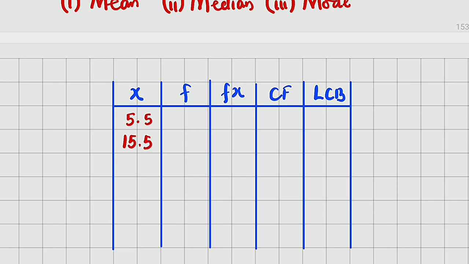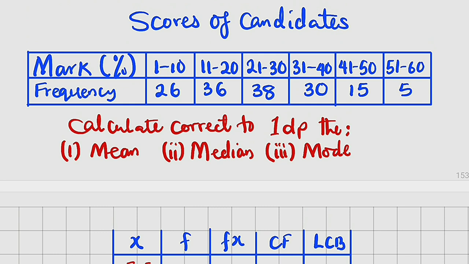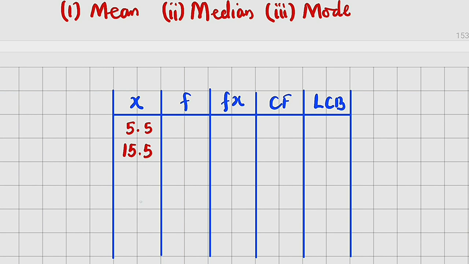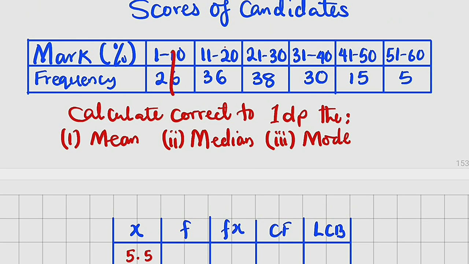But what you should understand here is the class size. The class size will always be this minus this, or this minus this. Either way, you have to get 10. So the class size is 10. So you can keep on adding 10, 10, 10 here. How many do we have? 1, 2, 3, 4, 5, 6. So in 6 different places.